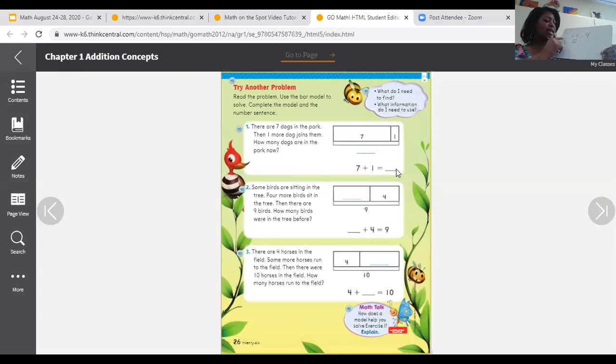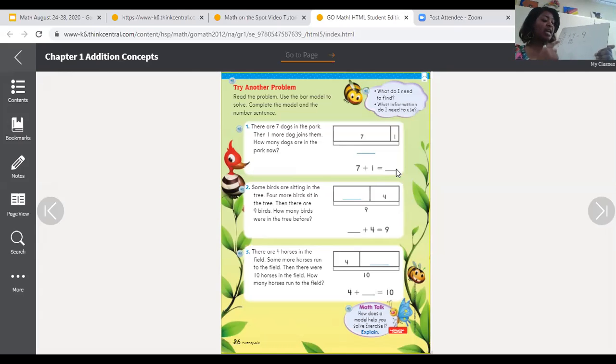All right, so let me see how many circles I have right here. 1, 2, 3, 4, 5. Seems like my missing number was 5. That means that there were 5 birds sitting in that tree before the 4 others came. Now let's see. Whatever I have on this side needs to equal or be the same as this side. So my sum is 9.